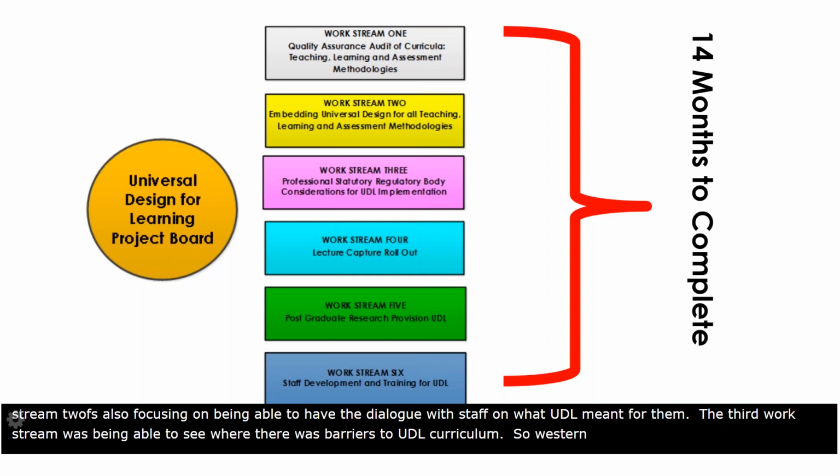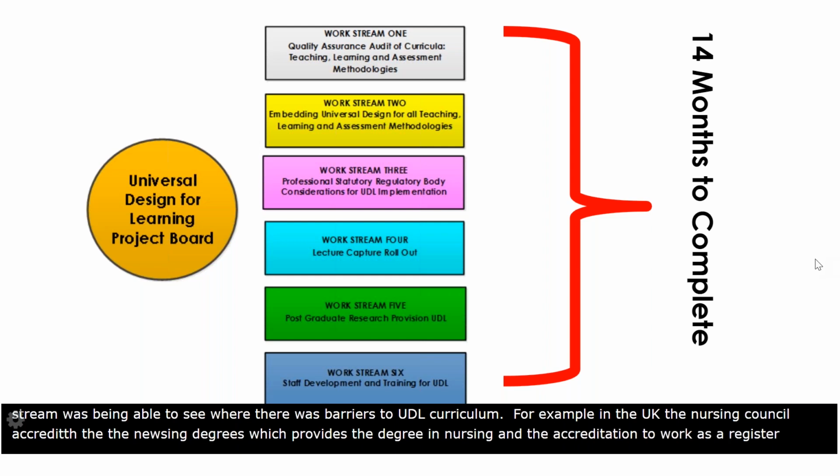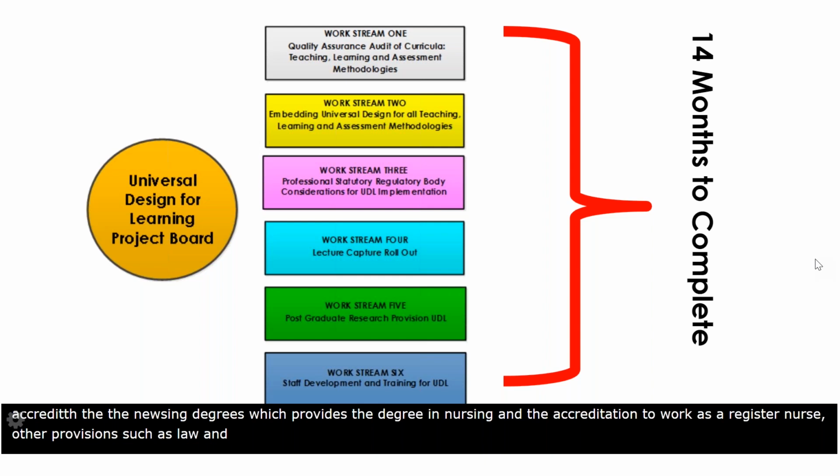So, for example, in the UK, the Nursing and Midwifery Council accredits the nursing degrees offered at De Montfort University, which provides a degree in nursing and the accreditation to work as a registered nurse. Other professions such as law, engineering, medicine, teaching have statutory regulatory bodies that indicate what a student will need to do to become an accredited practitioner.